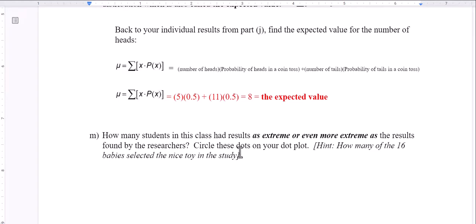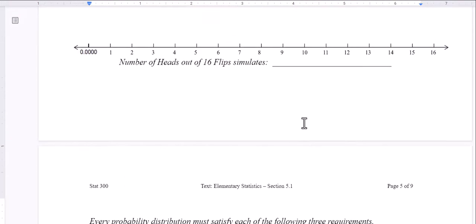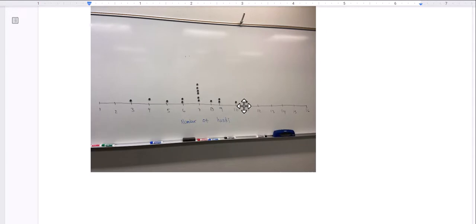Now, how many students in this class had results as extreme or even more extreme as the results found by the researchers? So circle these dots on the dot plot. Going back to the class results, nobody got results more than 14.